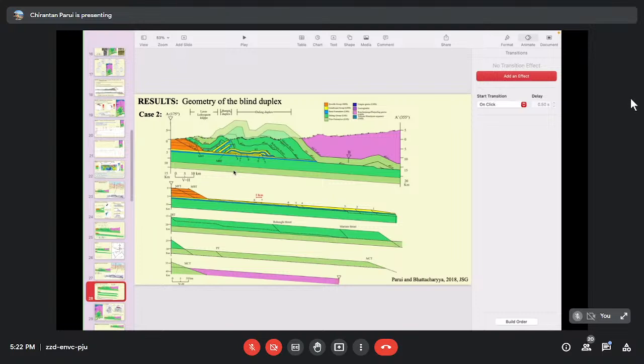One comes from Professor Bose's work, where they have explained it through folding mechanisms, and the way Professor Bhattacharya has explained, there was a blunt culmination that happened due to the formation of the elongate duplex, which folded the overlying thrust sheets along a north-south trending fold.